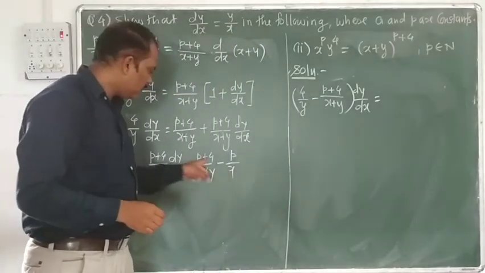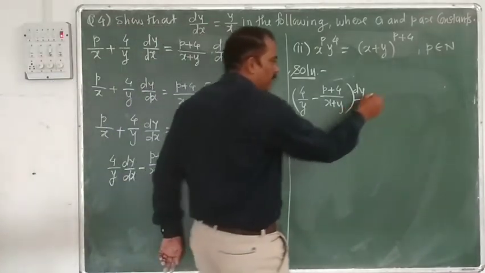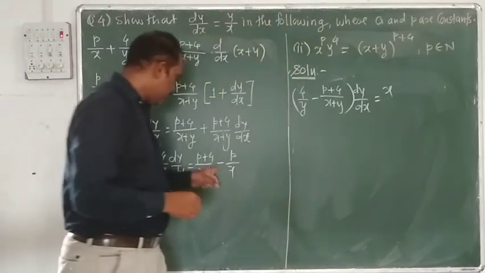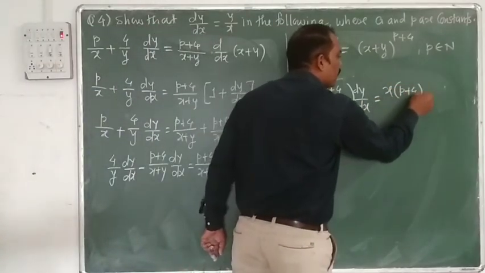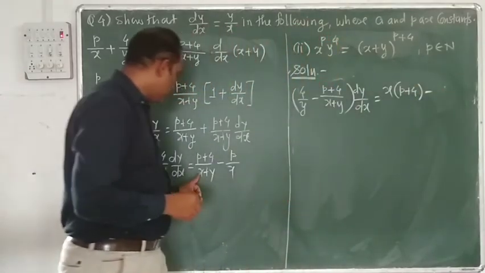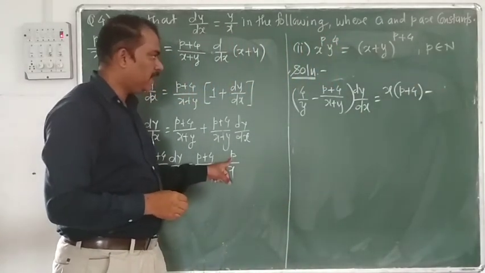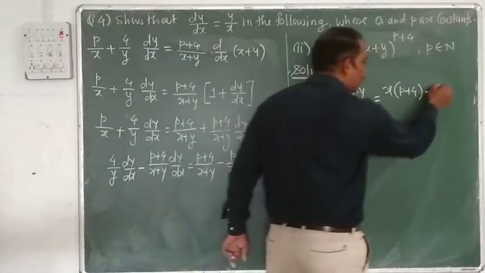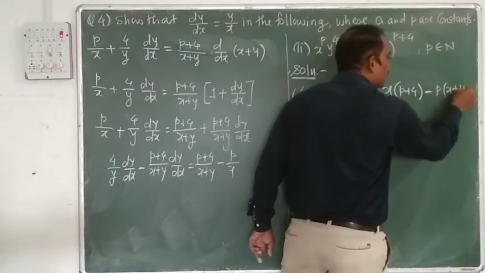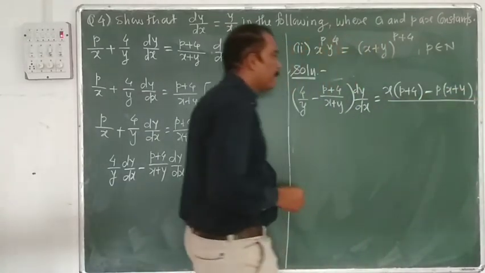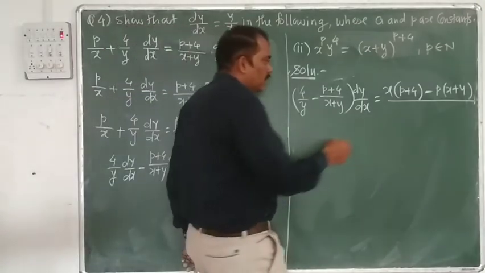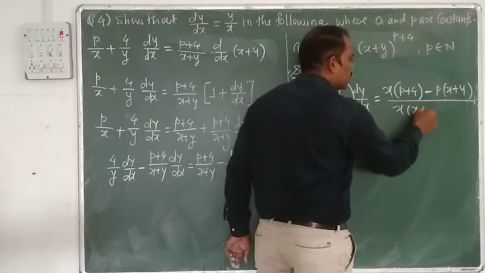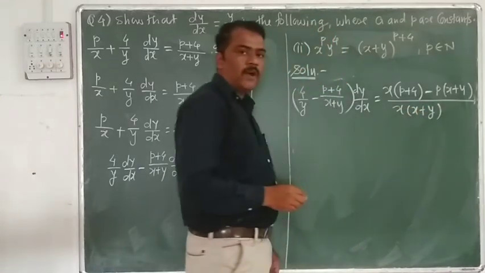here we have to take the cross multiplication, so we multiply x into this (p plus 4), minus, we multiply this (x plus y) to this p, that is minus p into (x plus y), divided by the product of the denominators, that is x into (x plus y).